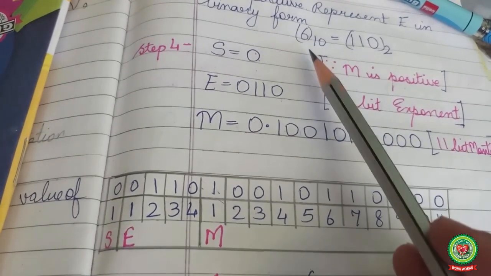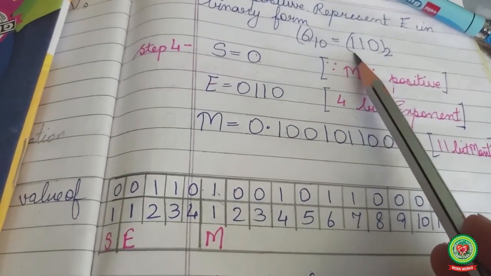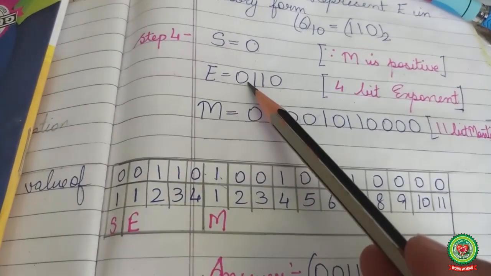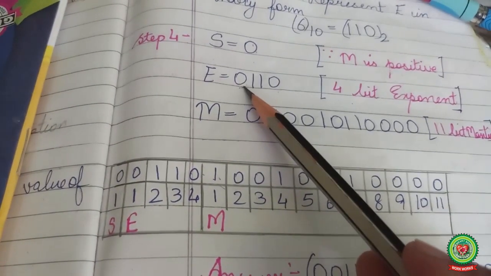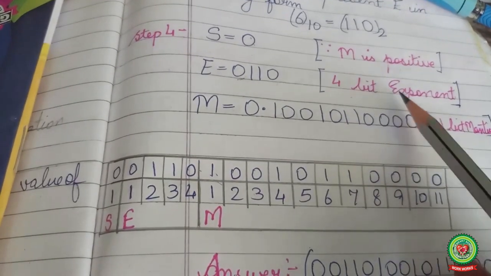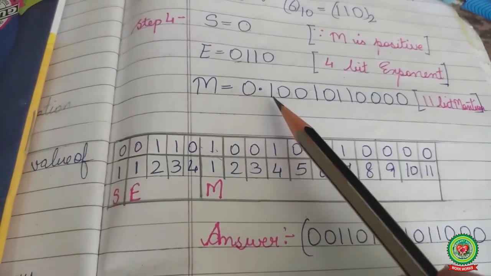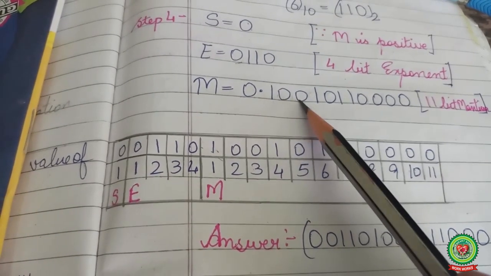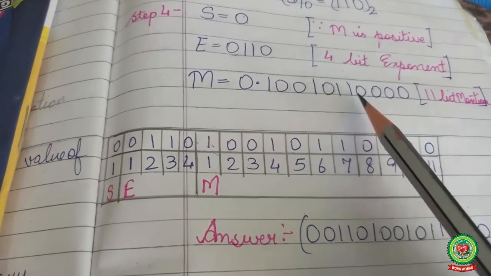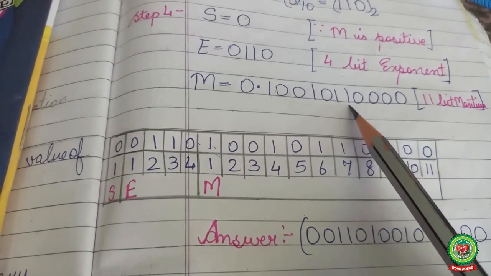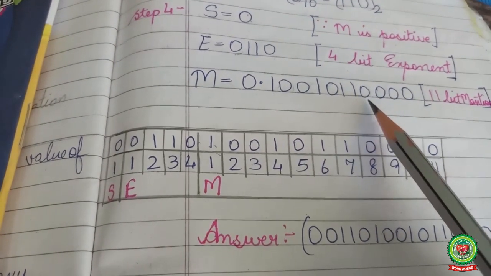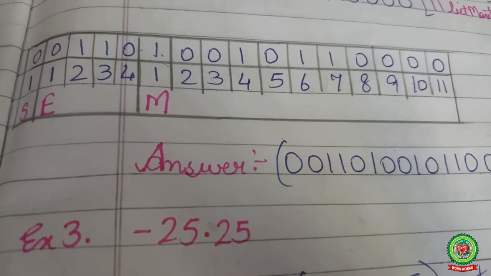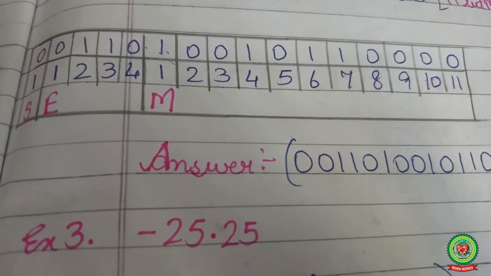You can see the binary equivalent of 6 was 110, but I have added 0 towards the left side to make it a 4-bit exponent, and the remaining part is the mantissa, 0.1001011, and to make it an 11-bit mantissa I have added 4 zeros, 0000. Now we are going to write it in tabular form.